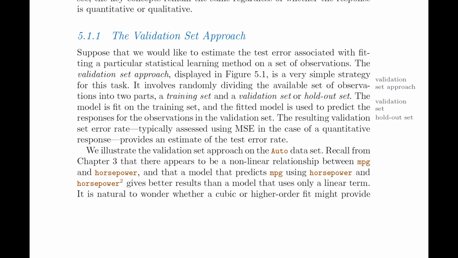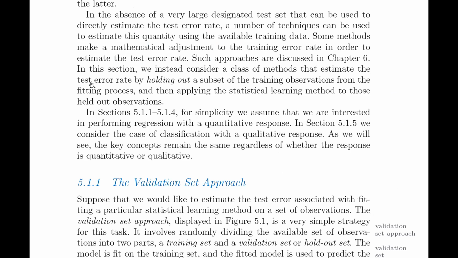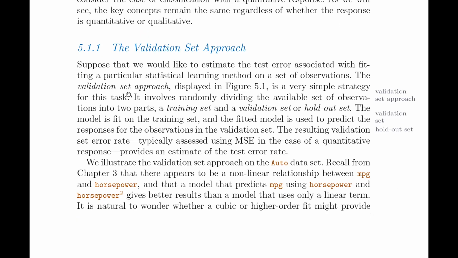Suppose that we would like to estimate the test error associated with fitting a particular statistical learning method on a set of observations. The validation set approach, displayed in figure 5.1, is a very simple strategy for this task. It involves randomly dividing the available set of observations into two parts, a training set and a validation set, also known as a holdout set.